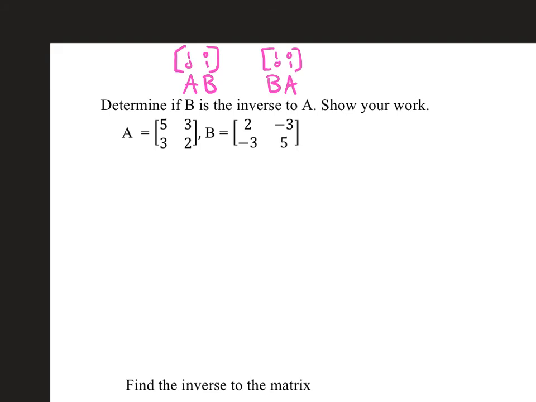What are the dimensions of A? A 2 by 2. Awesome. What are the dimensions of B? A 2 by 2. Thank you. So how do we multiply A times B? In A, are we looking at the rows or the columns?